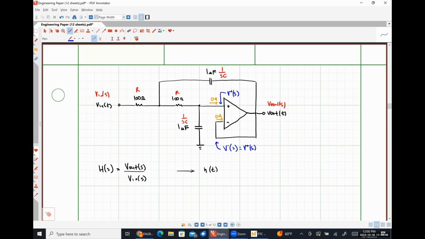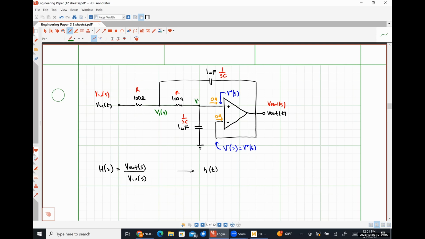All right. Okay. So let's call the voltage at this node V1 of S. We're going to apply KCL here.